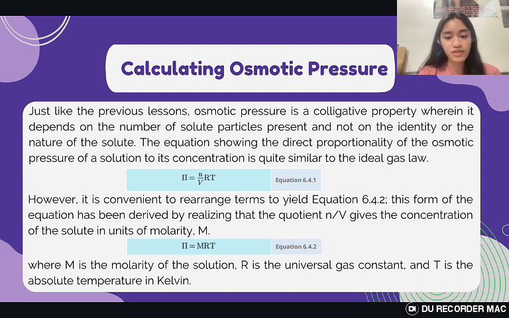However, in equation 6.4.2, it is convenient to arrange terms to yield this form of equation. This form has been derived by realizing that the quotient N over V gives the concentration of the solute in units of molarity, where M is the molarity of the solution, R is the universal gas constant, and T is the absolute temperature in Kelvin.